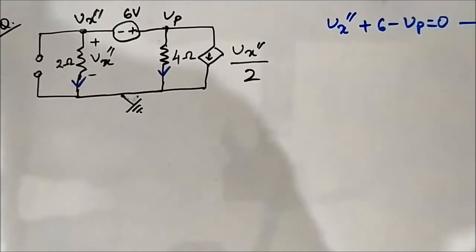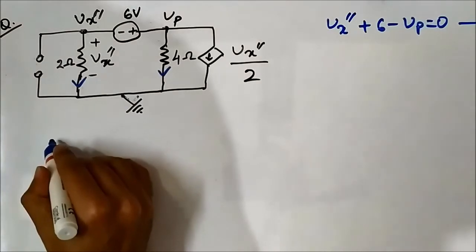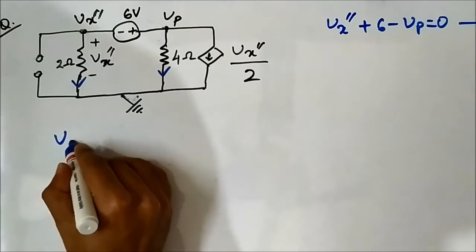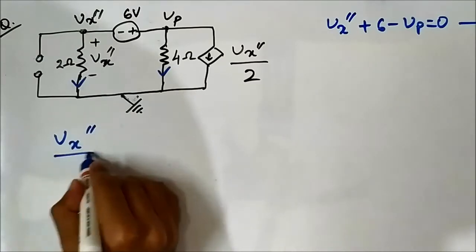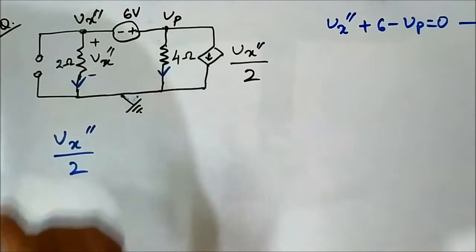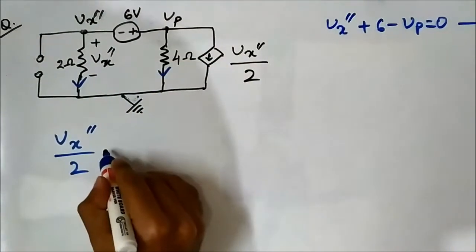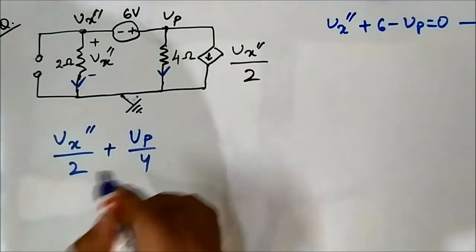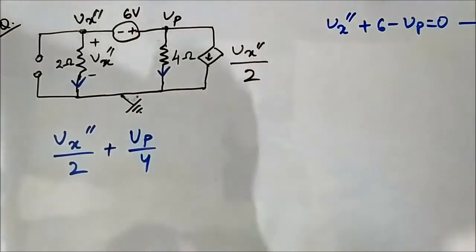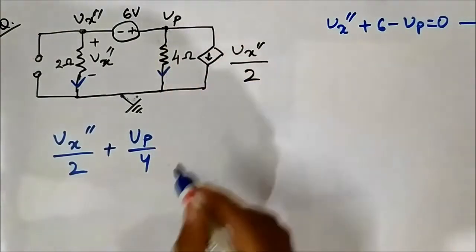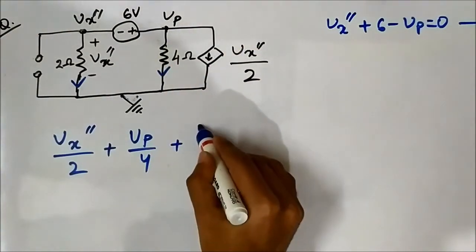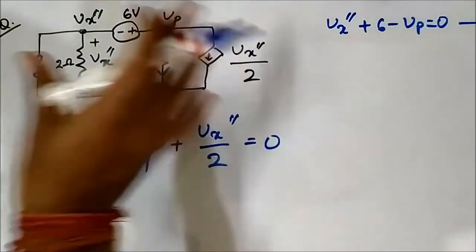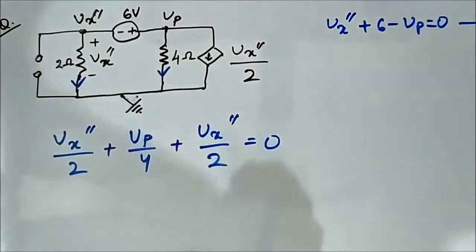So the nodal equation for this super node will be Vx double dash by 2, this current, plus Vp by 4, this is also an outward going current, plus Vx double dash by 2 is equal to 0. KCL equation for this super node.